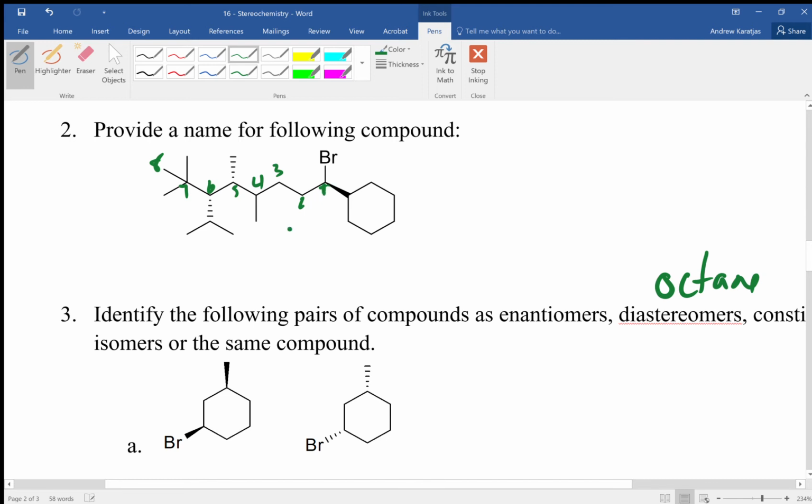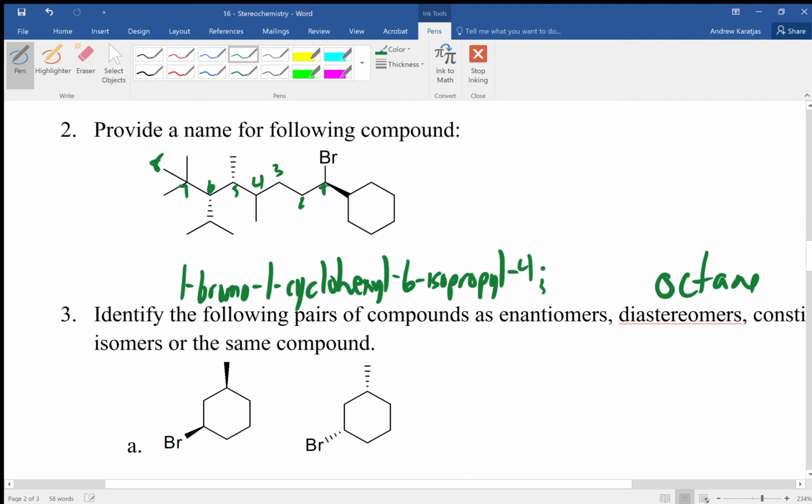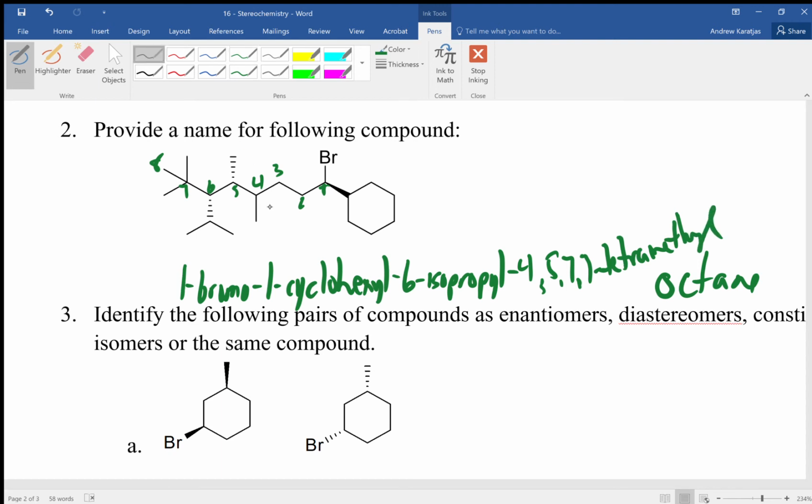And it's going to be 1 bromo, 1 cyclohexyl, 6 isopropyl, and then 4, 5, 7, 7 tetramethyl octane. And I didn't draw it in, but we're going to assume this methyl group points forward.